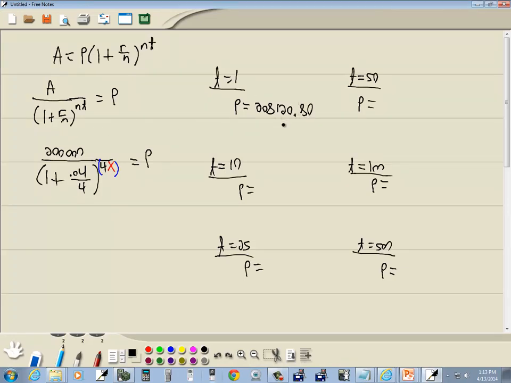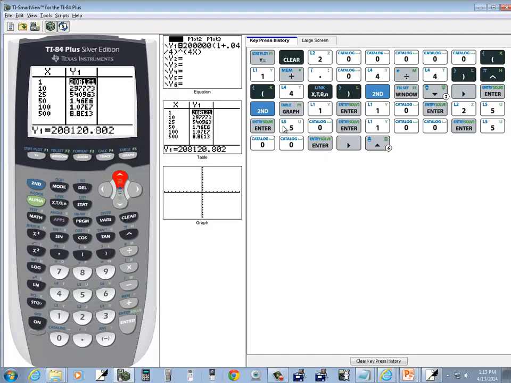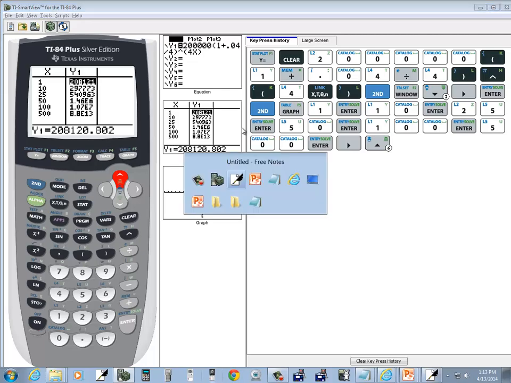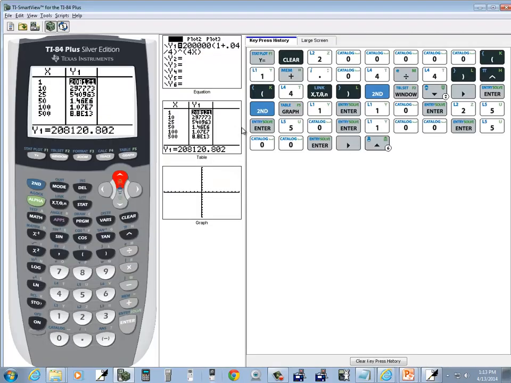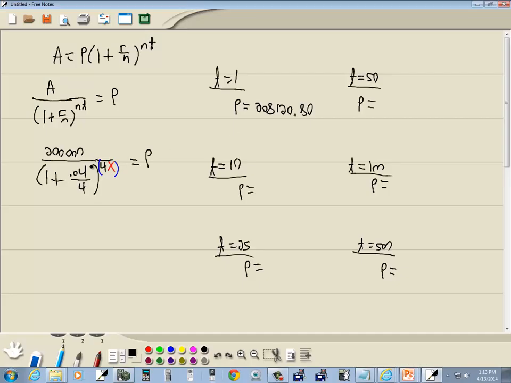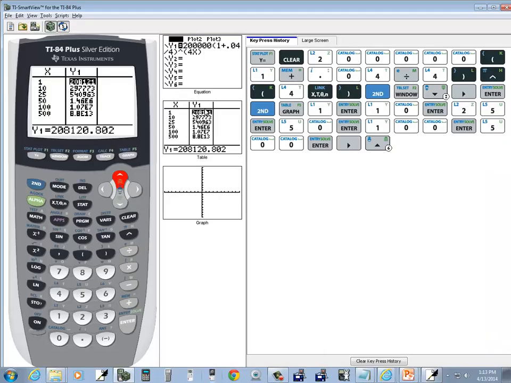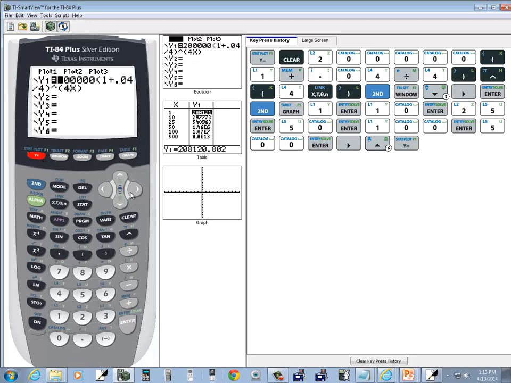Wait a minute, I think I've forgotten something here. Okay, I forgot to divide. Let me go back to Y equals. Okay, that makes more sense. Shouldn't have put 208,000 in to get 200,000 back.